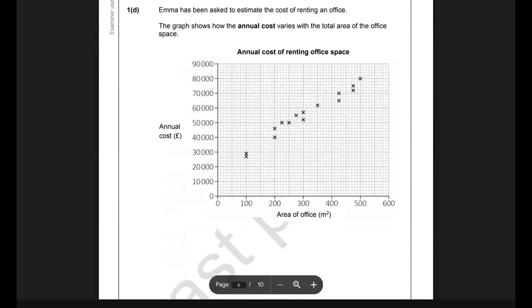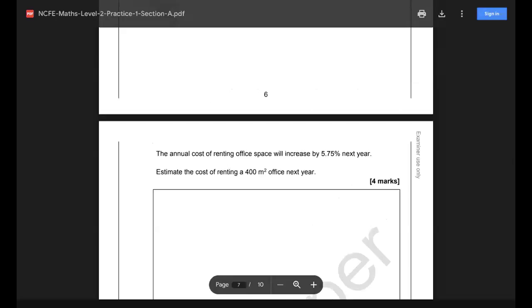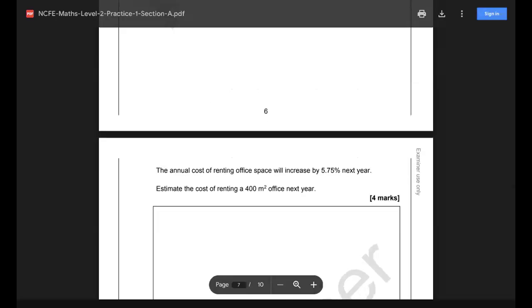Read this question. An engineer has been asked to estimate the cost of renting an office. The graph shows how the annual cost varies with the total area of the office. The annual cost of renting office space will increase by 5.75% next year. Estimate the cost of renting a 400 square metre office.